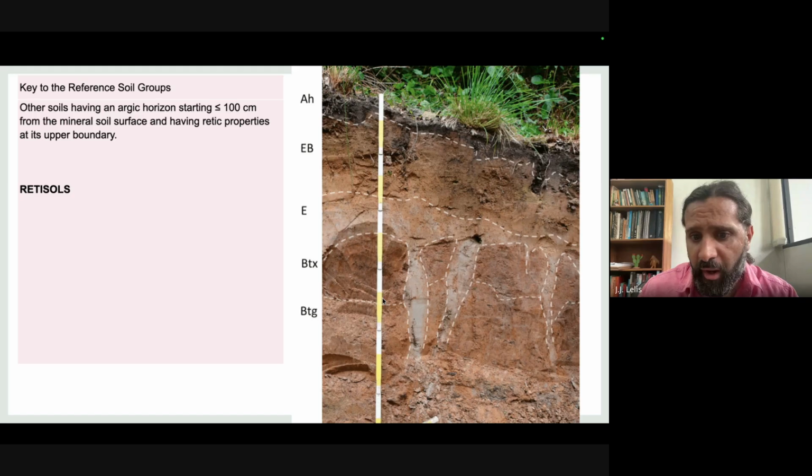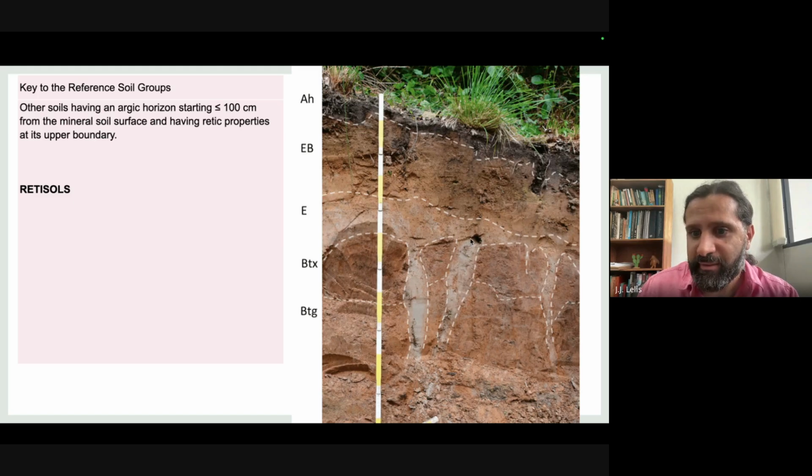So both are argic horizons because they have some shiny surfaces, or they register a high clay content and a higher clay content than above. But we have retic properties. We have pieces of this E horizon inside this argic horizon, like here, here, and here.